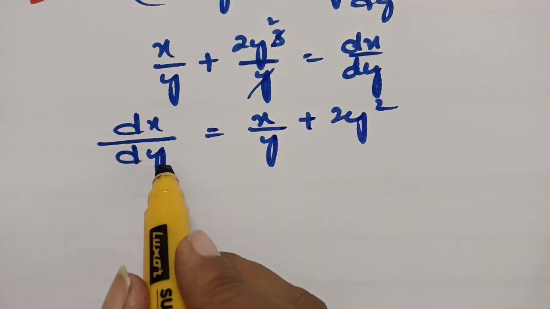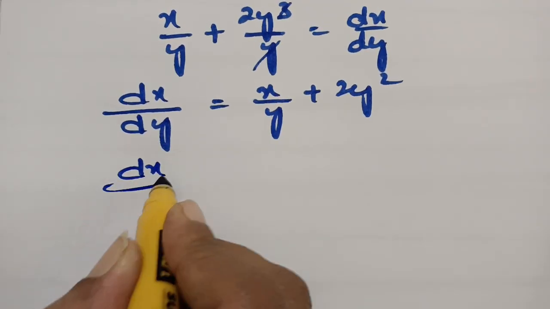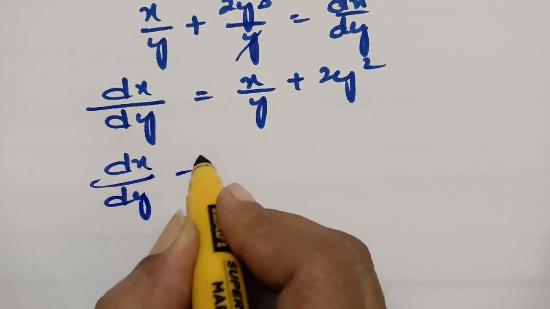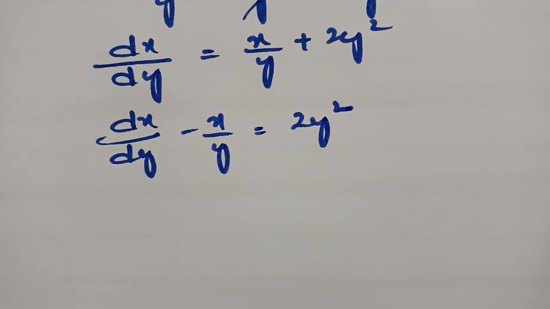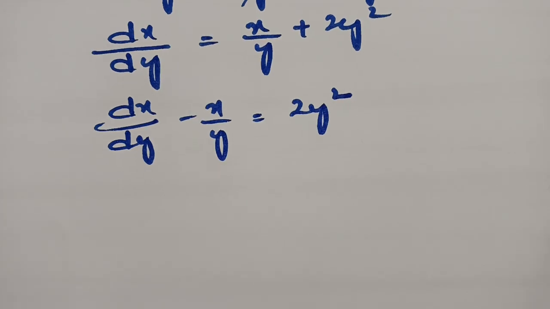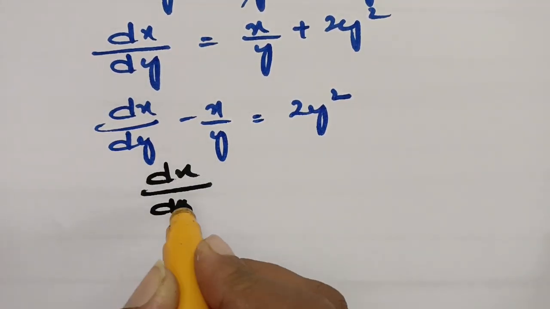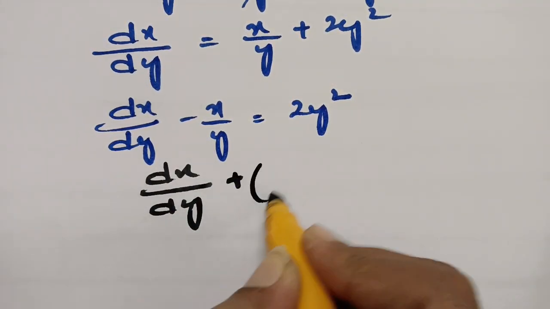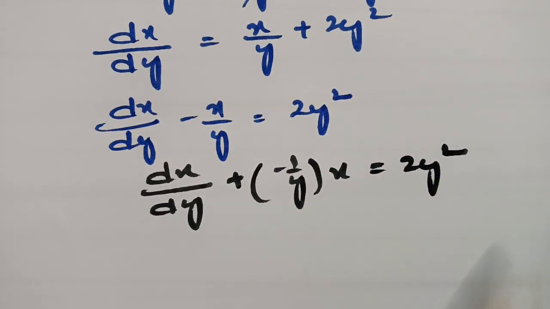As it is dx by dy, I'll send this term inside. That is dx by dy minus x by y is equal to 2y square. So I can write this equation in the form dx by dy plus minus 1 by y into x is equal to 2y square.